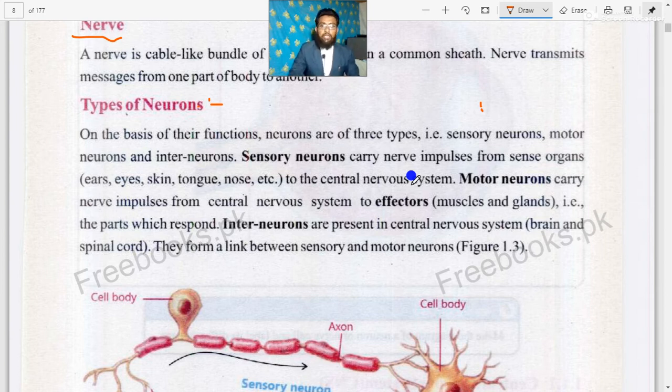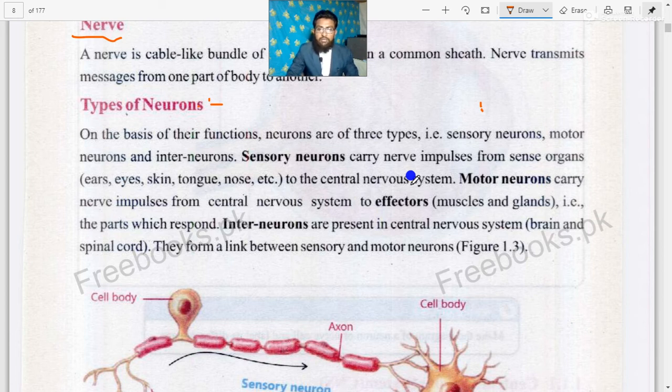So, sense organs are the organs which detect changes in our environment, and the message reaches these sense organs, and now the function of the sensory neuron starts. Dear cadets, these neurons now carry the nerve impulse or the message from the sense organ to the central nervous system.